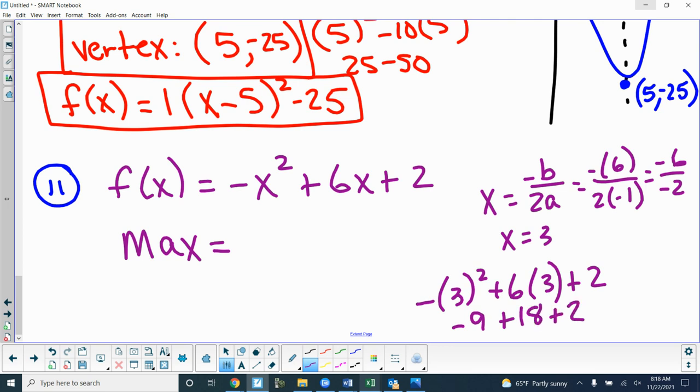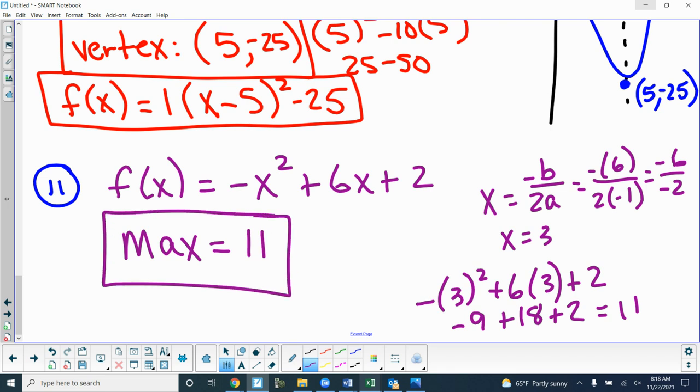And plus 2. Negative 9 plus 18 is positive 9, plus 2 equals 11. So our maximum value is 11. It's not the whole point, it's just the y value of the vertex. That's the max or minimum value.